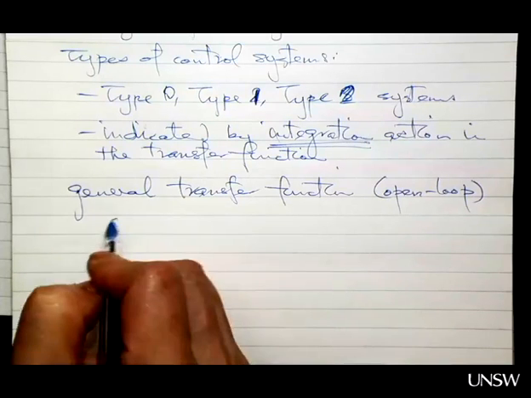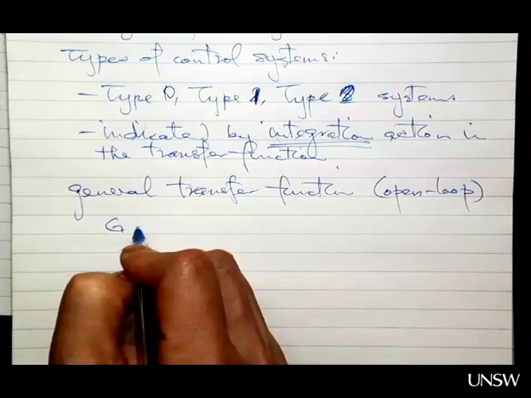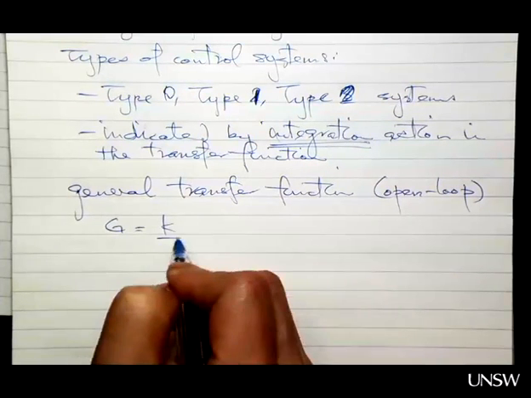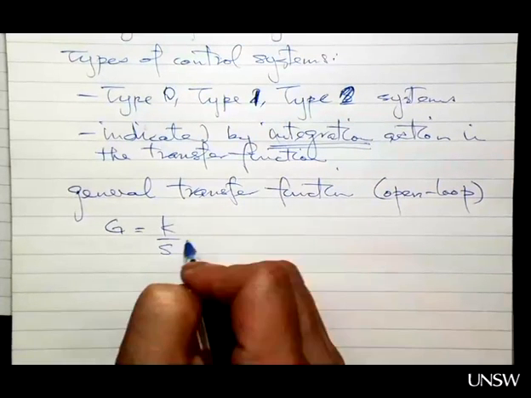So in general, we have a K and then S to power something, right?